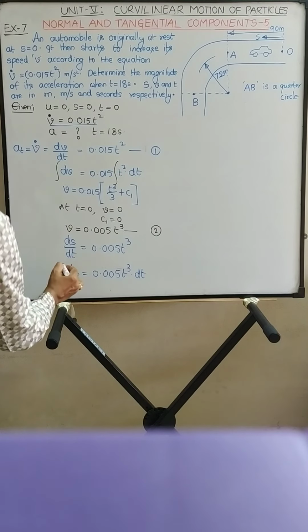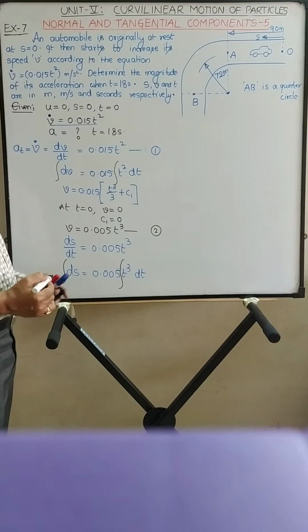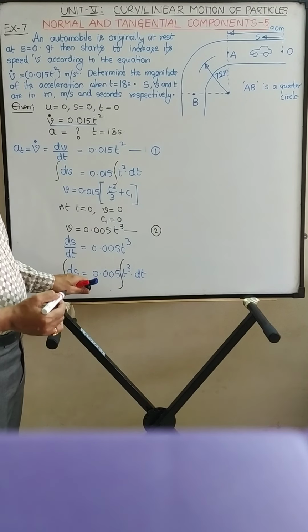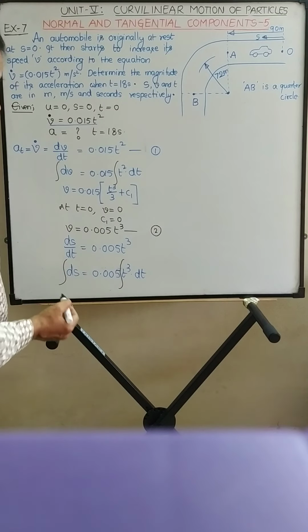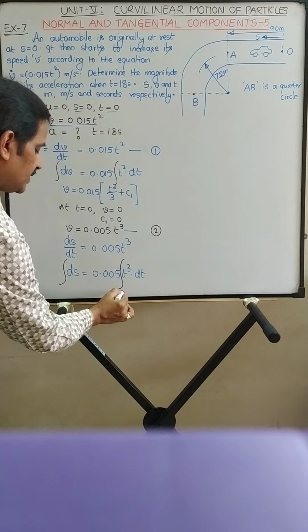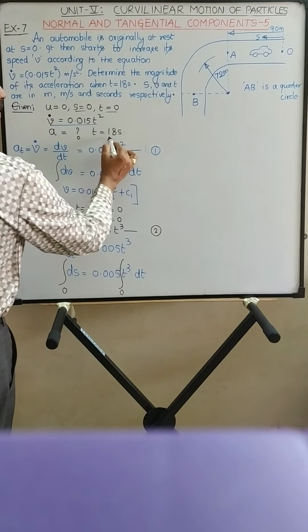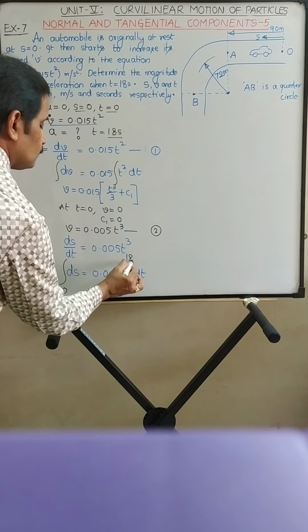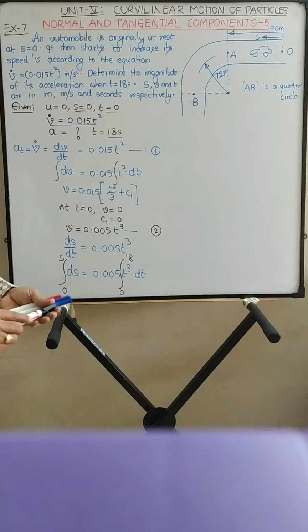Now integrating on both sides. To find out the position, we can use a definite integral here, because we know the limits. When t is equal to 0, s is equal to 0. When t is equal to 18 seconds, we have to find out the distance, that is s.